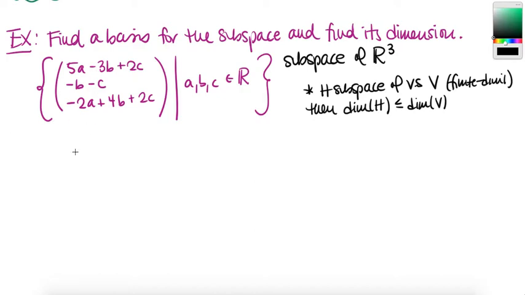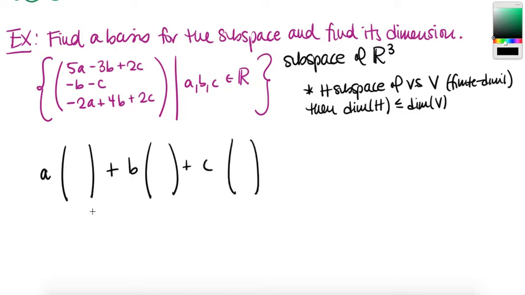What we're going to do here is take this vector and break it up, like we do when we do parametric vector form. There are the A's, the B's, and the C's. We want to break it up into an A piece, a B piece, and a C piece, and see what those vectors are. Those vectors are going to be a spanning set. The A part: there's 5 here, none here, -2.